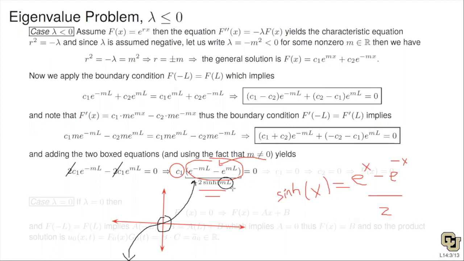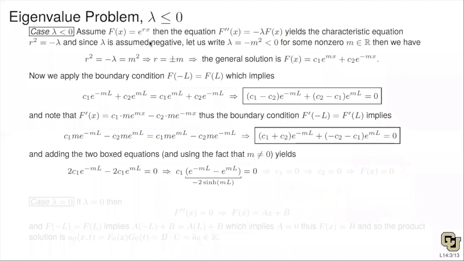It's, because this is the case lambda is less than 0. So m is not 0, and L is the length of the rod, presumably not 0. So here, that term, that sinh of some non-zero number, that term's not 0. So what I can do is I can divide both sides by this non-zero term and conclude that C1 equals 0.